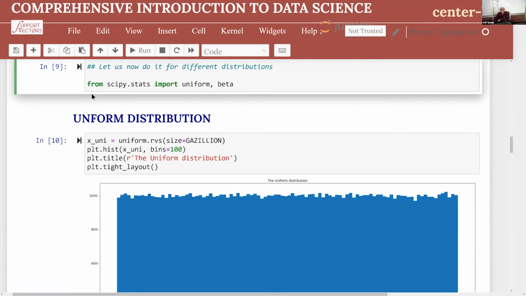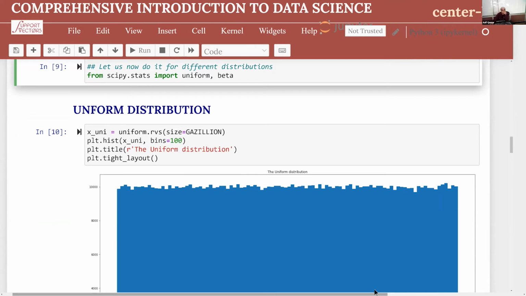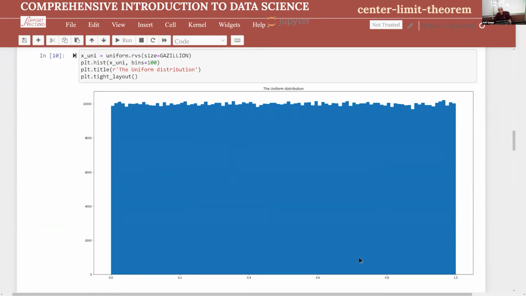Let me do this. Yeah. Now everything you can see in one shot. Is my screen reasonably readable, guys? Are you able to read it? Yes. Okay.